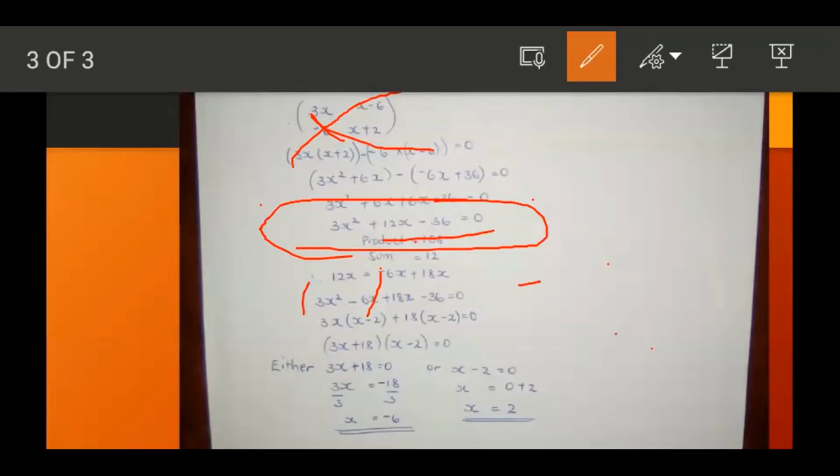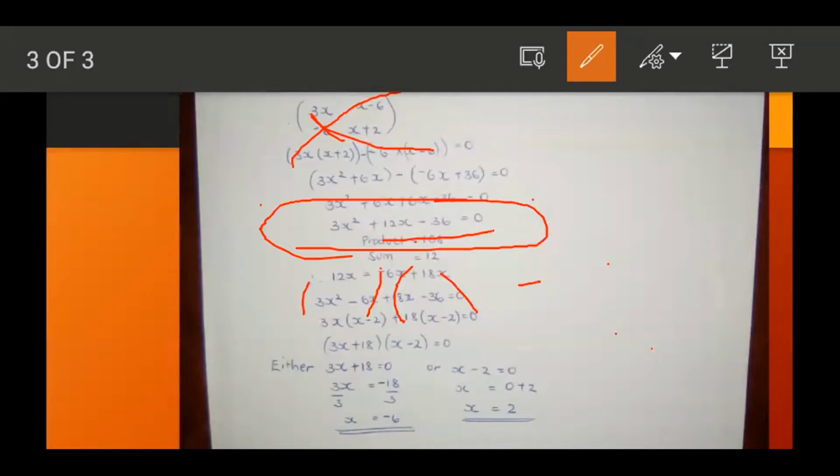Then we look for a common factor of the second pair, 18x and 36, which will be 18. 18x divided by 18, we will get an x, then 36 divided by 18, getting a 2, is equal to 0.